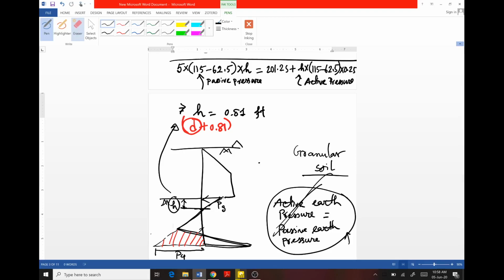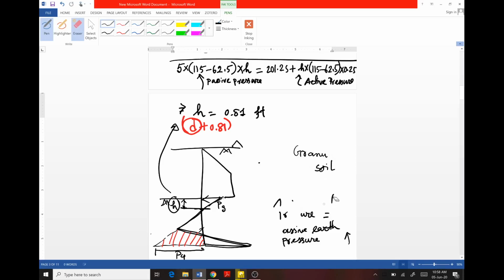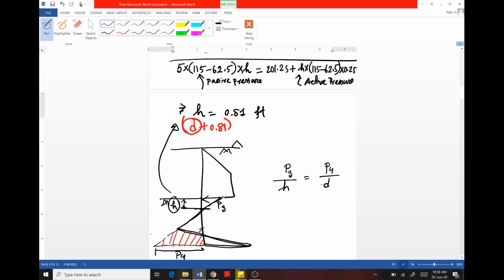So we can write it as P3 by H equals P4 by D. Let's take the rest of the embedment length as D. So D equals H plus D. We have already determined this H, which is 0.81 feet. We have to find the rest of the unsupported length.